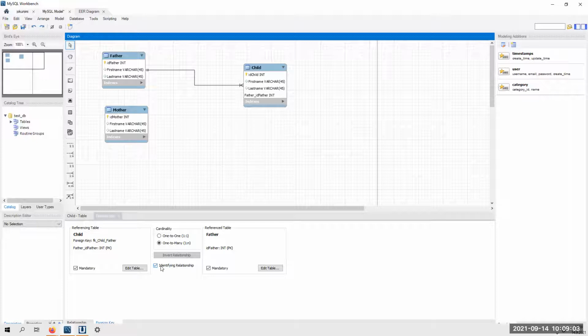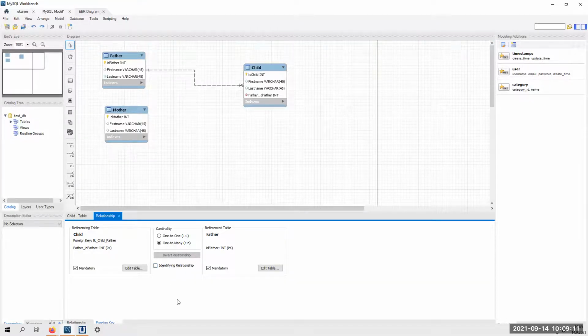And this identifying relationship tells that the child cannot exist without a so-called parent table. Now, if I take off the check mark here, then you see this line becomes dashed. And now this is non-identifying relationship.